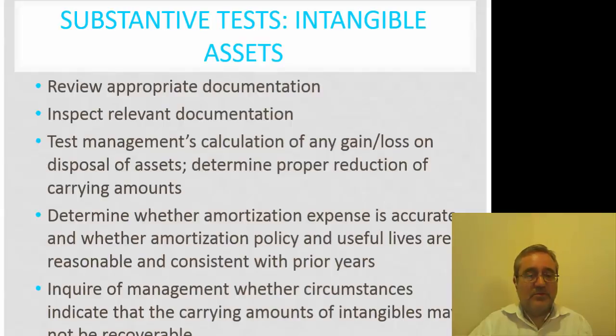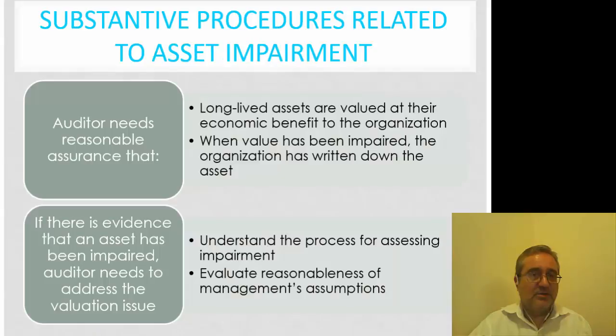One of the things that management needs to be doing is documenting their decisions. When we consider asset impairment, the auditor needs reasonable assurance that long-lived assets are valued at the economic value to the organization. So it's beyond just costs minus accumulated depreciation.